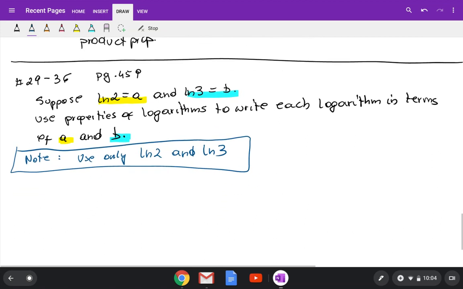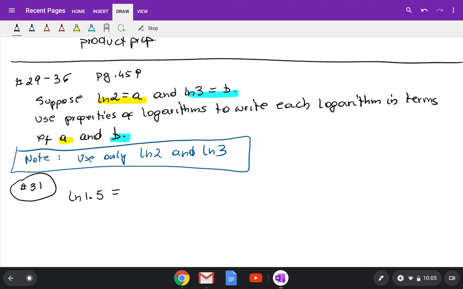And there's a couple of problems. We're going to start with 31. All the problems from your textbook, 29 to 36, have one direction. In 31, you have ln of 1.5, and you need to rewrite that using only a and b.